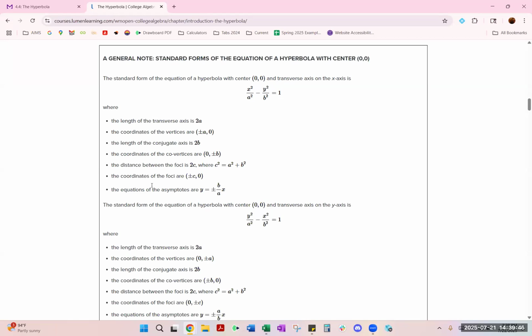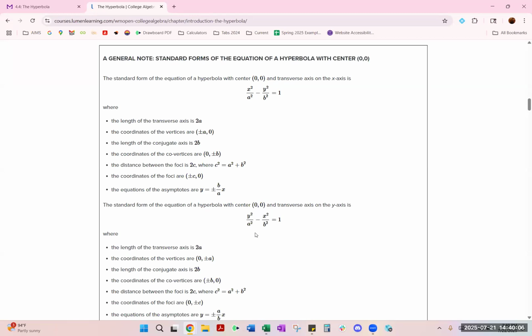And as you can see from the properties over here, you're going to be centered at (0, 0), and then you can see how we come up with our transverse axis length, the coordinates for your vertices, where the foci for the hyperbola will be, and what the equations of the asymptotes will be.